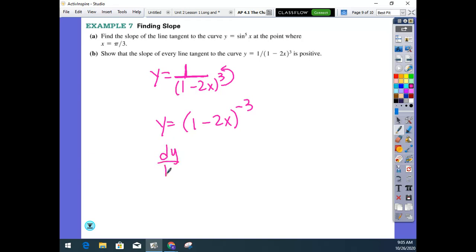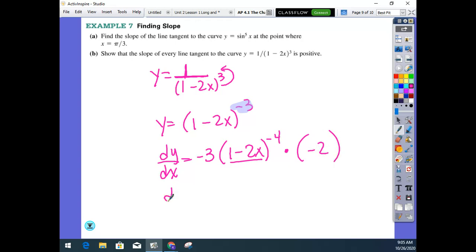So now dy/dx, power first. When we do the power, nothing on the inside changes. Bring the power down, subtract 1, times the derivative of the inside, which is negative 2.